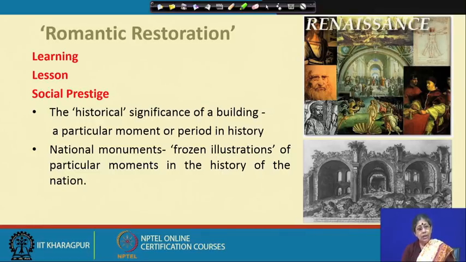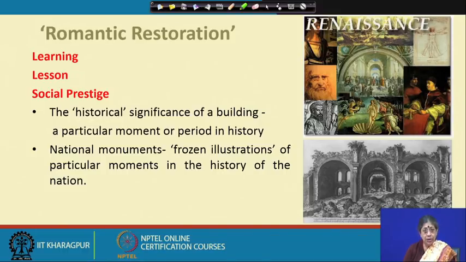So, as we see, they were national monuments, frozen illustrations of particular moments in the history of a nation. It was very different from the traditional approach, because the traditional approach's basic aim was continuity. It continued to be repaired, restored and in use. Whereas in the Renaissance restoration, it was almost frozen for a particular period of time.